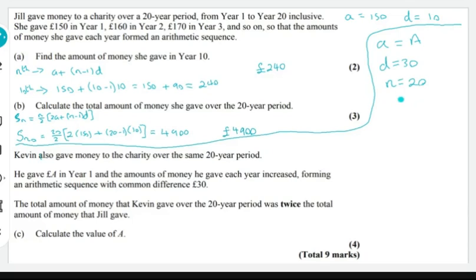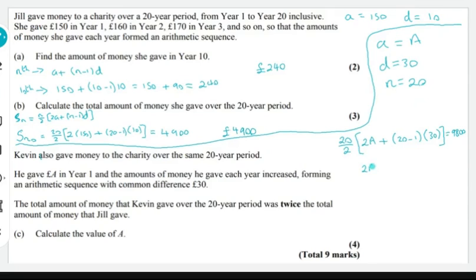Yeah. So we'd still use the Sn formula, n over 2 times (2A plus (n minus 1)d). And we'd say 20 over 2, open bracket, 2 capital A plus 20 minus 1 times 30 is all equal to double 4,900, which is 9,800. Then what I'm going to do is divide everything by 10.